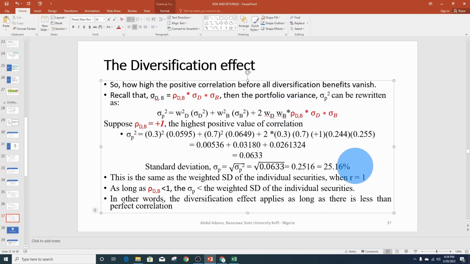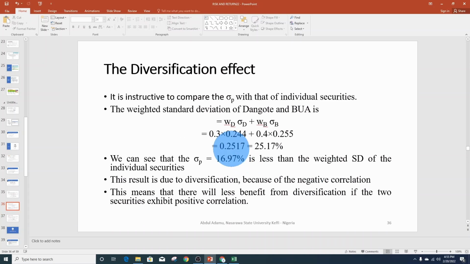That is the +1 here. Then multiply by the standard deviation of Dangote and standard deviation of BUA. So once we add them, we have 0.0633. And we take the standard deviation, we have 0.0633, which gives us the standard deviation of 25.17, which is the same or almost the same as when we find the weighted standard deviation of Dangote and BUA.